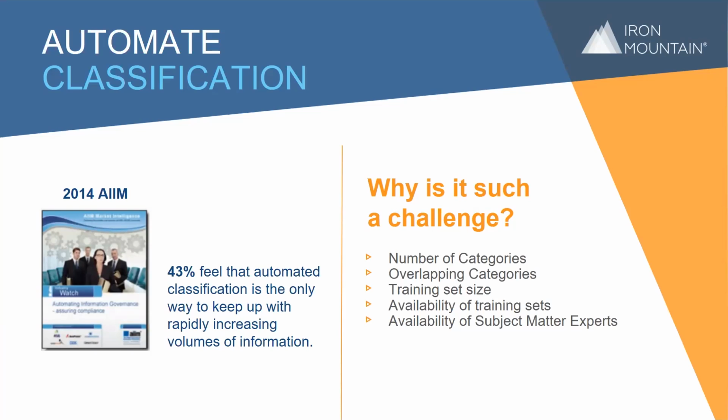So imagine 500 different categories that you need to have enough data to get the machine learning algorithms to properly classify that content. So fewer categories, fewer training sets are required.